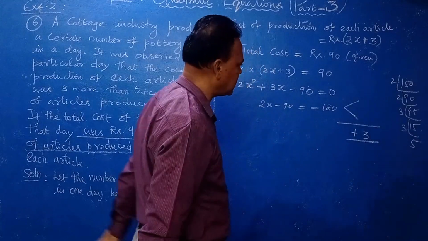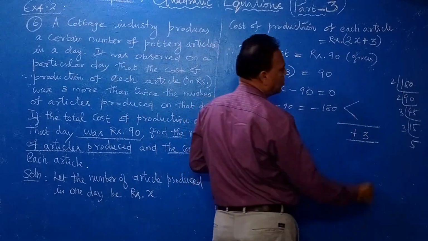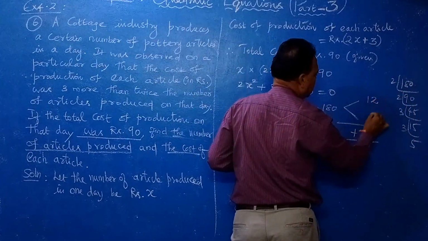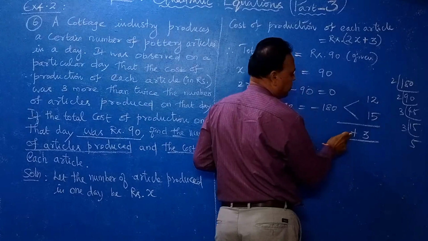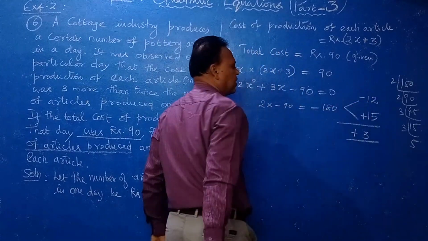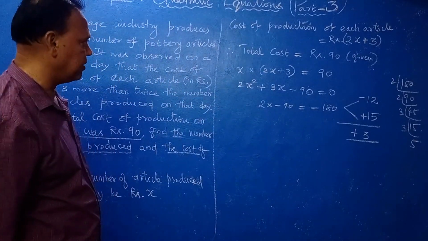You have to get plus 3, so you make 2 factors: 12 and 15. Here plus is there, so take plus 15 and minus 12. While adding you get plus 3, and the product is minus 180.